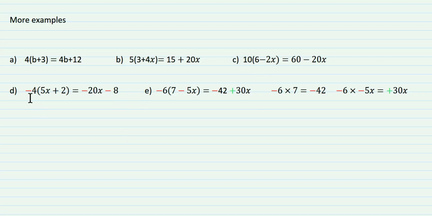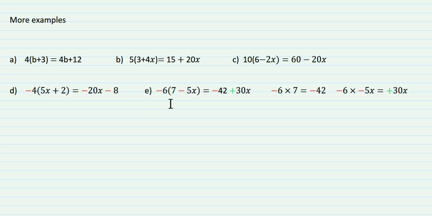This time we've got a negative sign outside, so it's minus 4 times 5x, so this will be minus 20x, and minus 4 times plus 2 is going to be minus 8. So this negative outside has changed the sign of everything inside the bracket. They've all become negative.